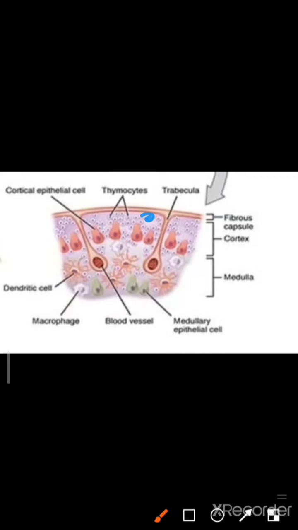The lymphocytes present in the cortex are immature. The matured T lymphocytes will move towards the medulla. Matured T lymphocytes will be present in the part where the medulla is seen. So this is considered as one lobe.